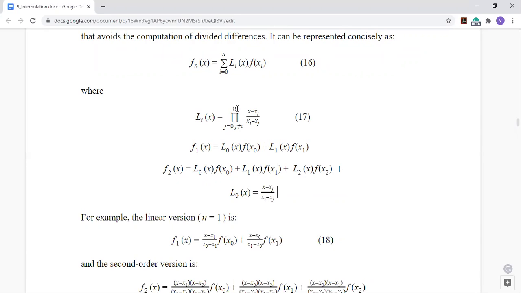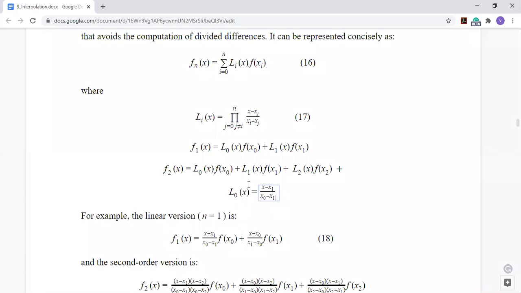But since n is equal to 1, for L0 it's simply going to be x minus xj, where j starts from 0, then xi, because i is 0. So you have x0 here, then here is going to be x1, and here is going to be x1. That's for L0 of x.